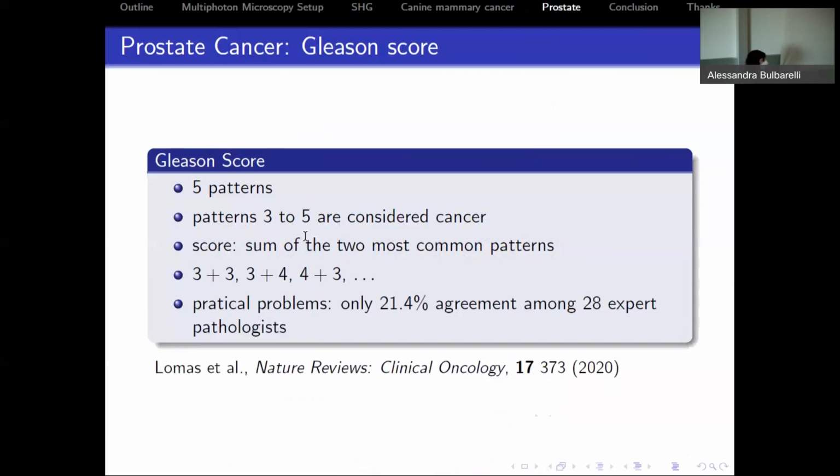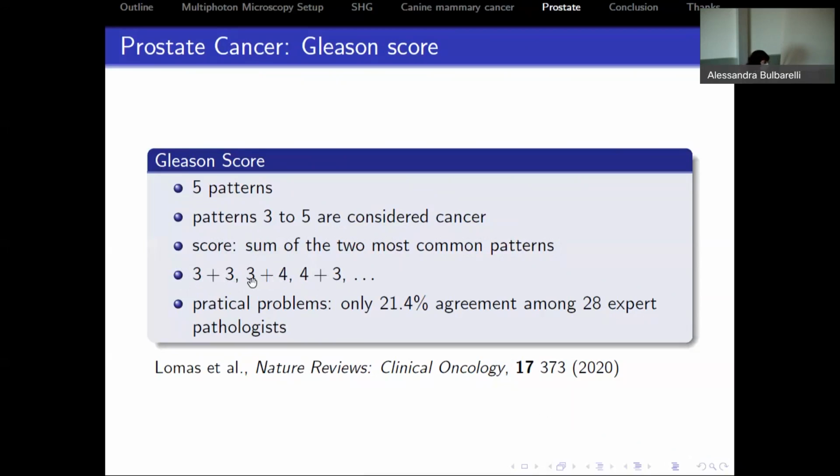So the pathologists inspect the whole region of cancer that were collected by biopsies, and they give a classification which is 3 plus 3, 3 plus 4, 4 plus 3, and so on, where the first number is the most common pattern in the biopsy, and the second number is the second most common pattern.